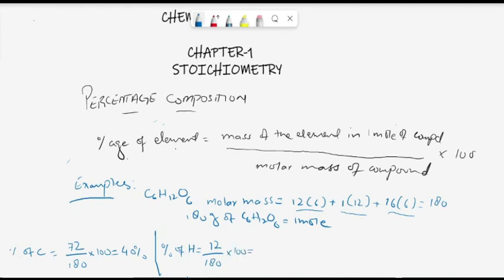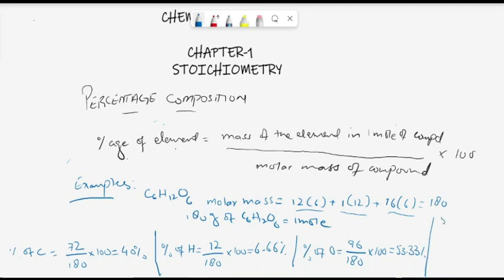Multiplying this with 100, we will get 6.66% of hydrogen. And what about oxygen? So the percentage of oxygen is equal to the mass of oxygen in one molecule, that is 96 in 180 multiplied by 100. This is equal to 53.33%.